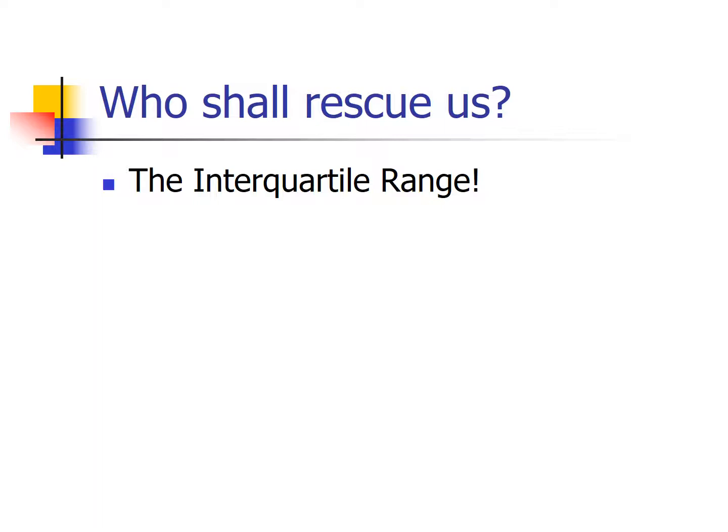Not only a measurement of spread that we can use should we stub our toe on a data distribution that has a skewed shape to it, but also something that appears to have calmed the fussy baby that you may or may not have heard in the previous two slides. So the interquartile range, not only our resistant measurement of spread, but also perhaps the passy or swaddle of descriptive statistics.